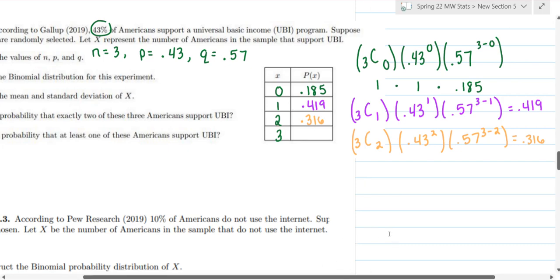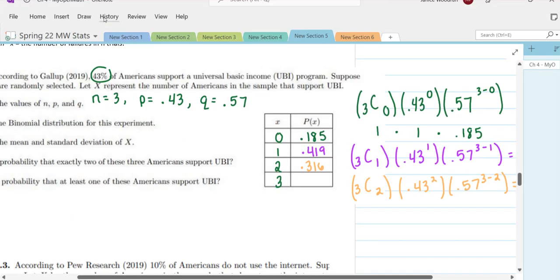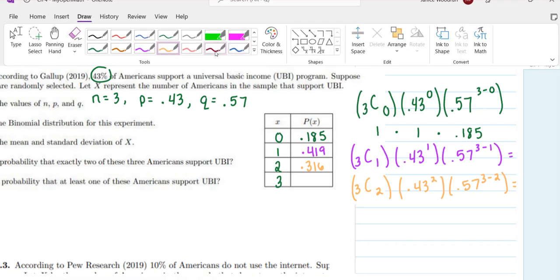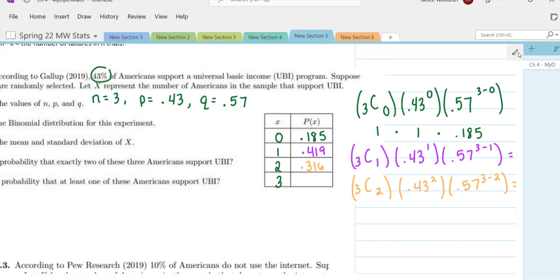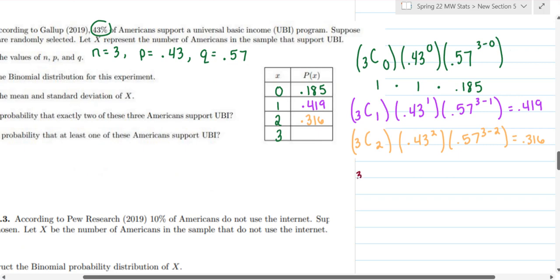All right, and then the last one for 3, we'll go 3 choose 3, 0.43 to the third, 0.57 to the 3 minus 3.